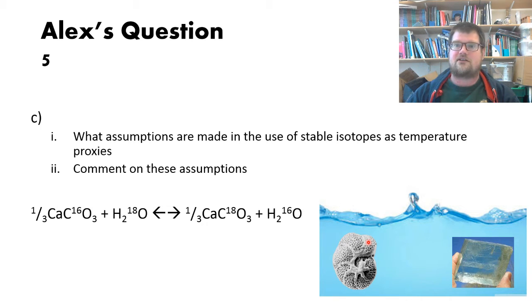Now, this is an assumption that's quite often not true, not valid, because this is a liquid and our calcite is a solid, so it's actually very hard to exchange isotopes between those. So you only really get isotopic exchange possible as the test is growing. So that would be a good thing to mention.